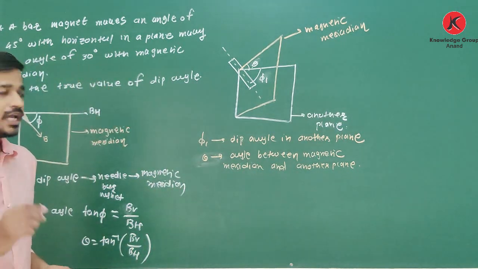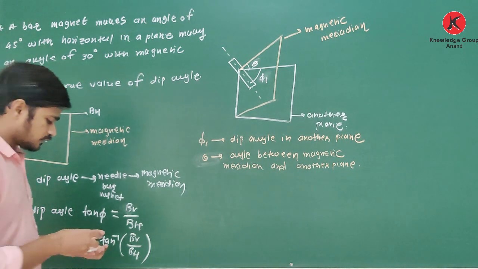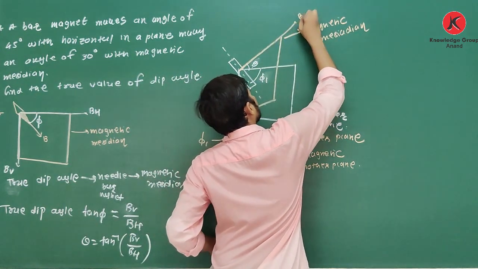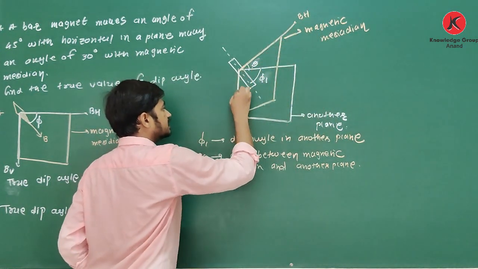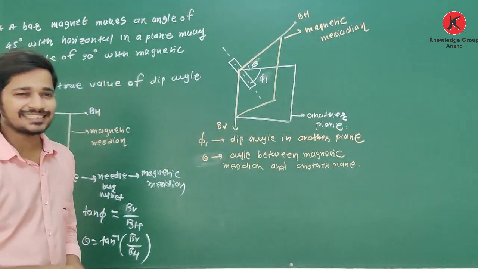Now, in the figure, on the magnetic meridian, here it is BH and here it is BB.